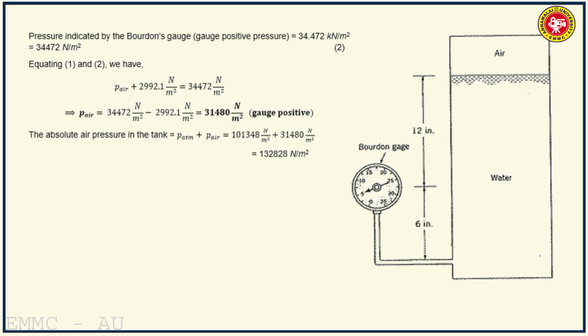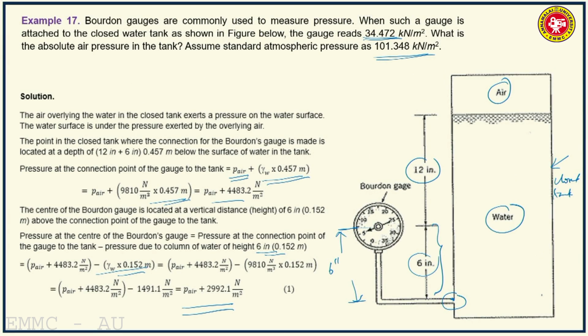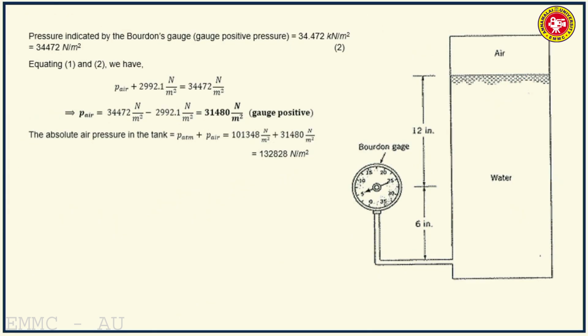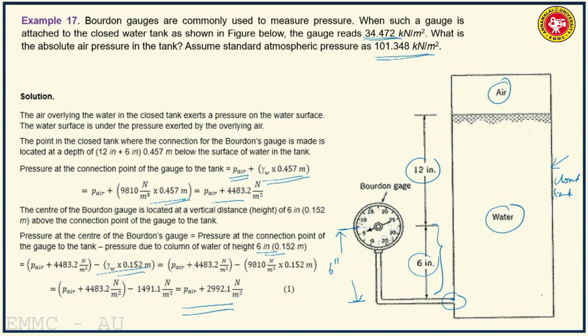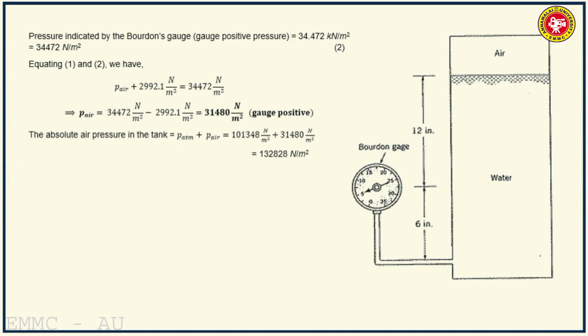Now pressure indicated by the Bourdon's gauge is 34.472 kilonewton per meter square. Therefore, equating 1 and 2, we have this much. So 34.472 kilonewtons is expressed as Newton per meter square. So multiply by 1000, so 34472 Newton per meter square.